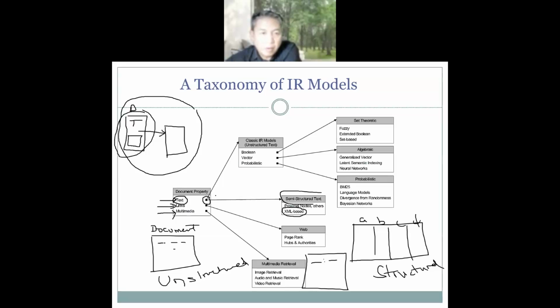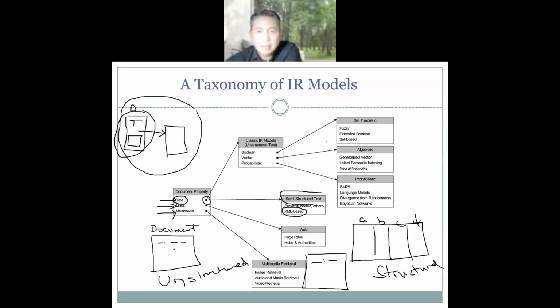And for modeling the document with text, we have a few models here. So this is unstructured text because they are documents. So we will look into the Boolean, the vector, and probabilistic. Okay.